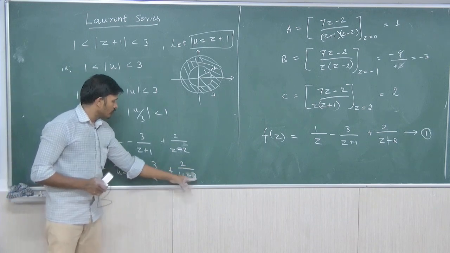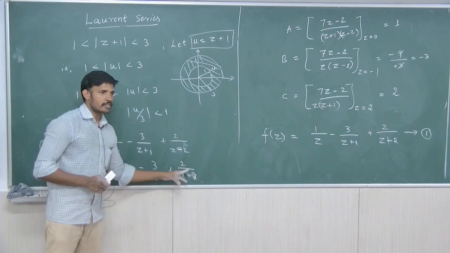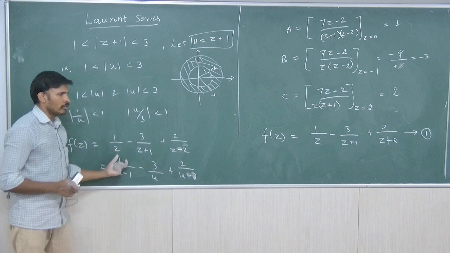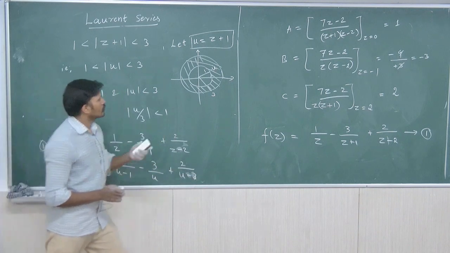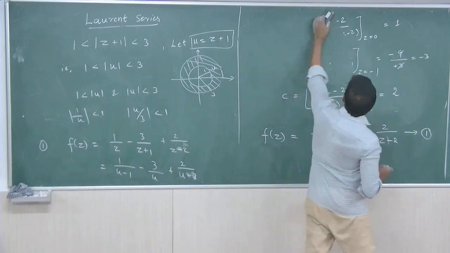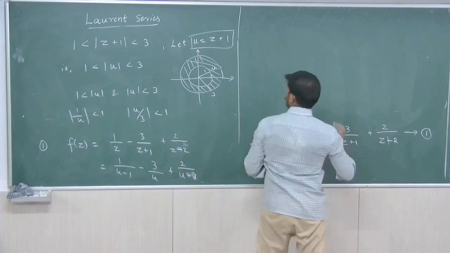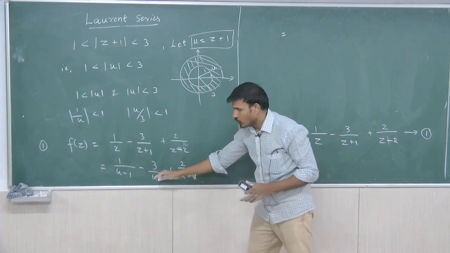Here I am going to rewrite so that u by 3 is coming. Like this, I am going to take u as a common term in this factor, and 3 as a common term in this denominator. So no need to expand the second term because only u is coming.